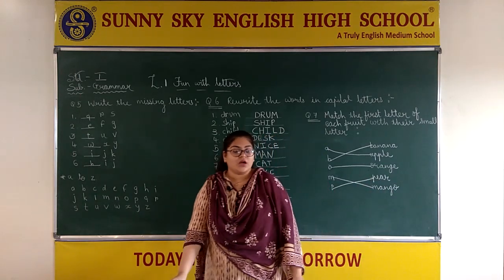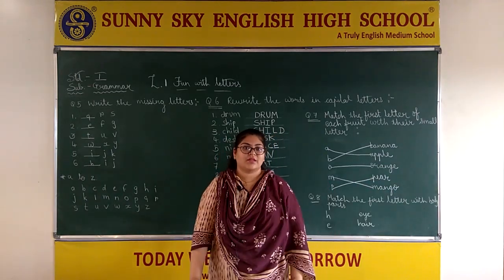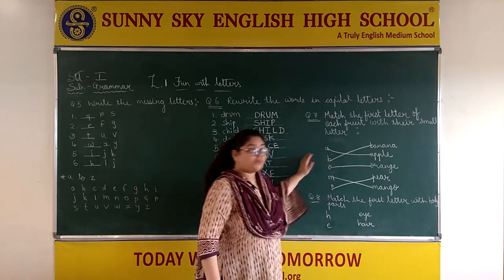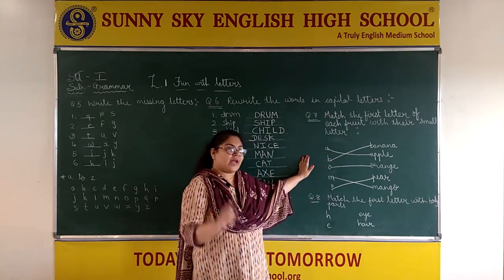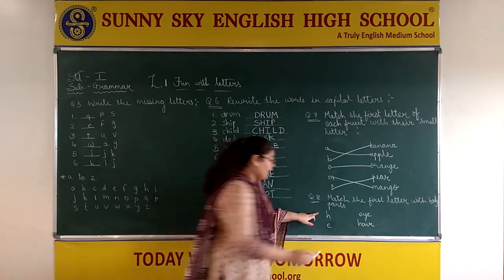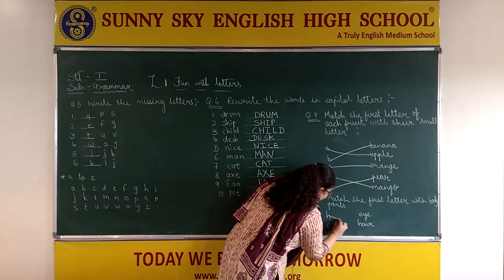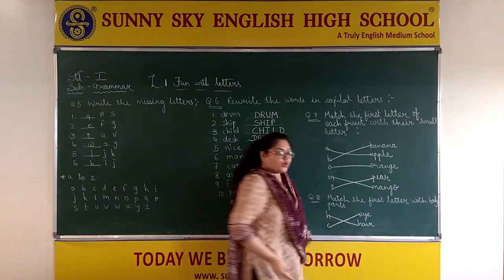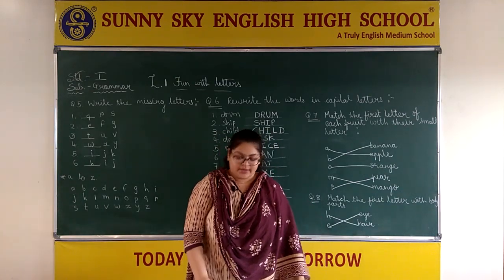Now our next question is question 8. Here we have done A from apple fruit name. Same way now we will do with body parts. H from hair. Yes, so we will join H with hair and E with eye. So now let's recall again.